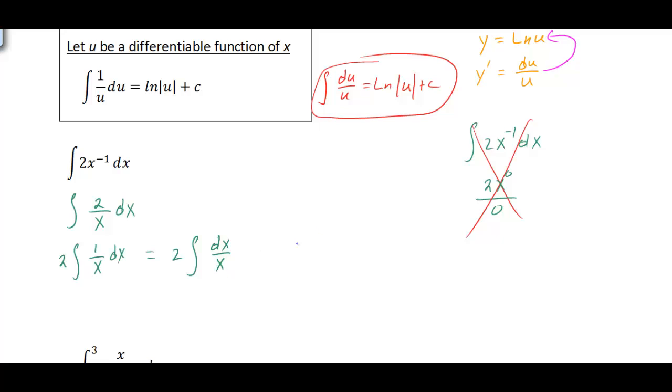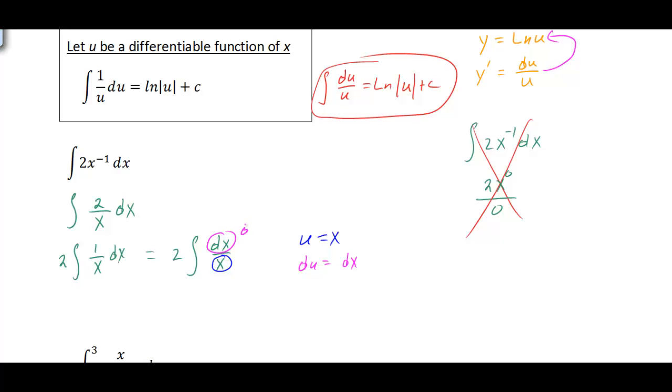And if we look at it this way, then I can say, well, hey, if I let u equal the denominator, if u is equal to this function here, x, and if I take the derivative, then du is equal to 1 dx. You could write 1 dx or just simply dx. Well, here we have our du.